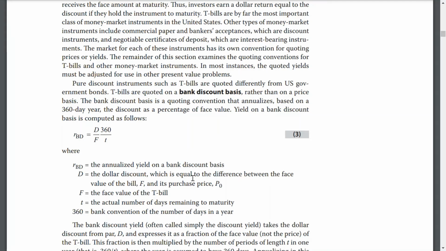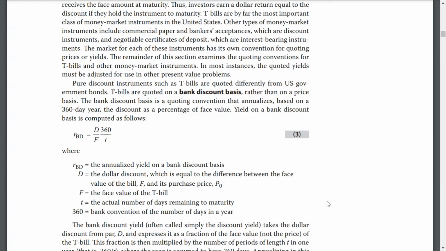D is the dollar discount, which is equal to the difference between the face value of the bill, F, and the purchase price, P0. F is the face value of the T-bill. T is the actual number of days remaining to maturity. 360 is the bank convention for the number of days in a year.